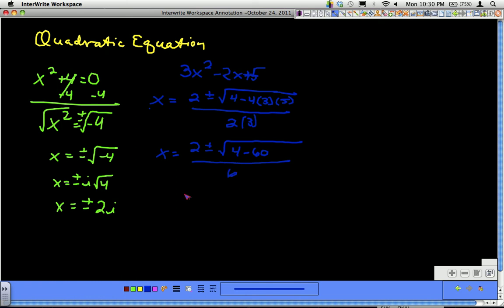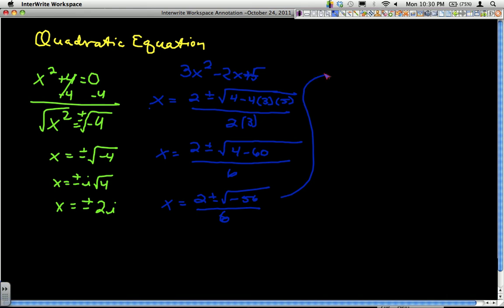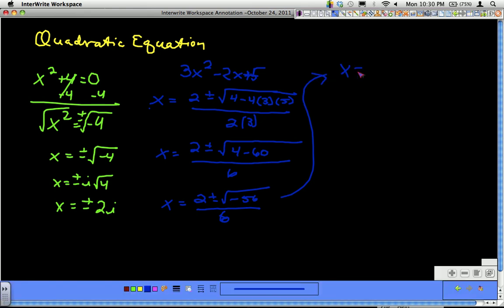So when I simplify that, I get 2 plus or minus square root of -56. Because of that negative, that's going to be an imaginary number. So I'm going to have to pull the i out front. So x equals 2 plus or minus, we'll pull that i out, square root of 56 all over 6.